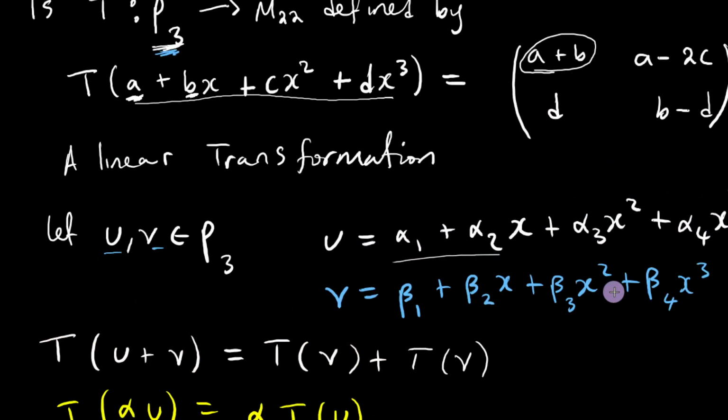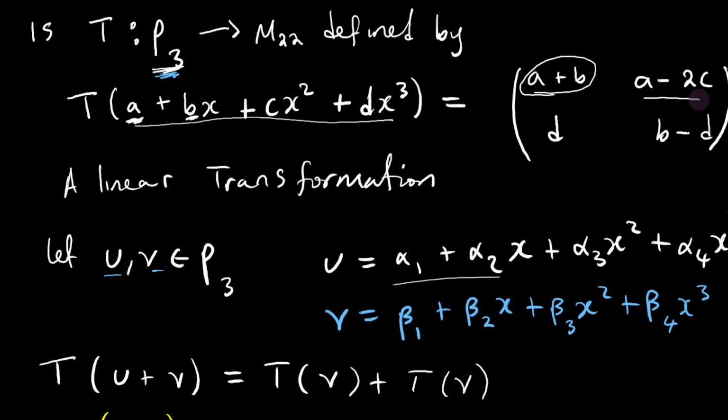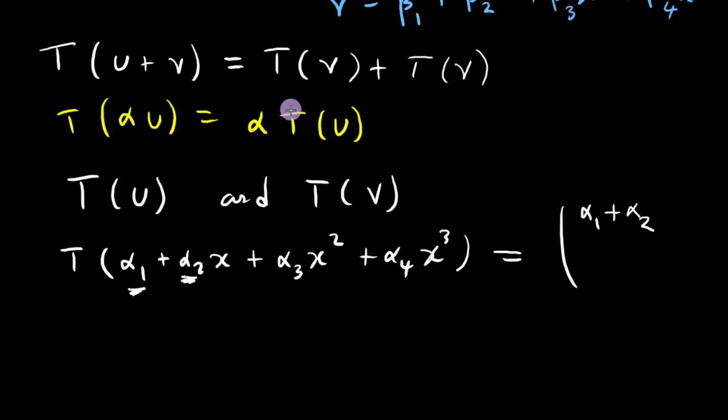Then the entry here should be the constant minus 2 times the coefficient of x squared. So the constant, which is alpha 1, minus 2 times the coefficient of x squared, which is alpha 3.